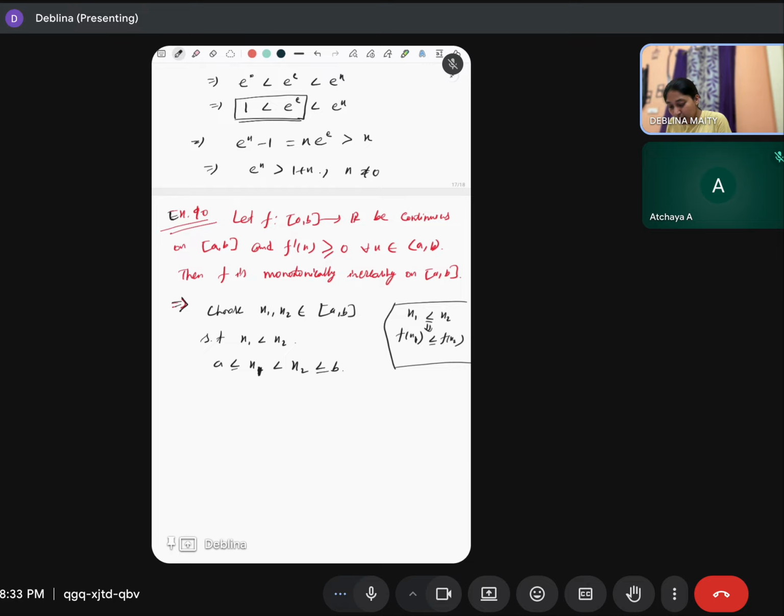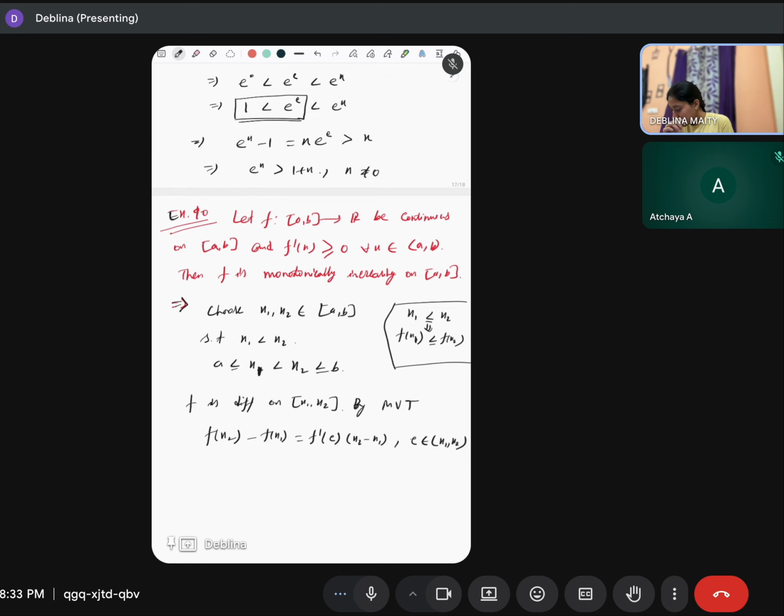Now f is what? f is continuous on the closed interval [x1, x2] and differentiable on the open interval (x1, x2). So by the mean value theorem, f of x2 minus f of x1 is some f dash c into (x2 minus x1), where this c belongs to the open interval (x1, x2), right?